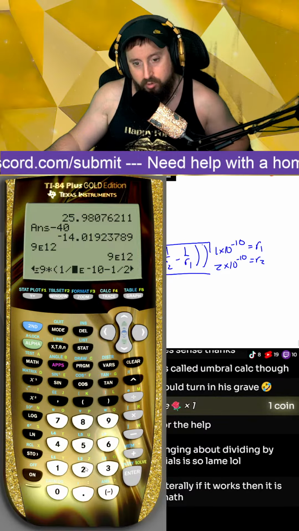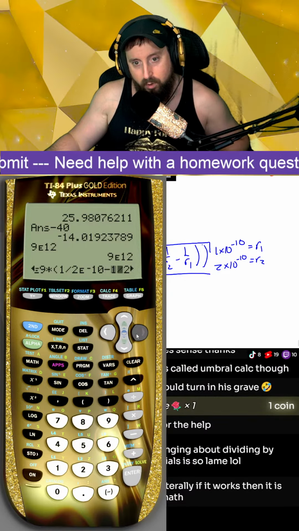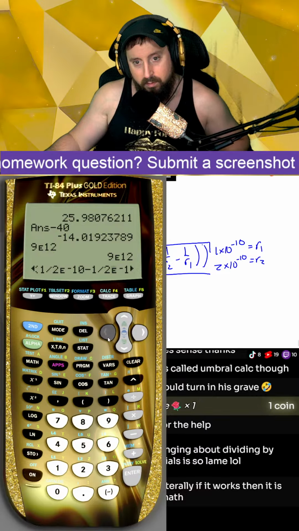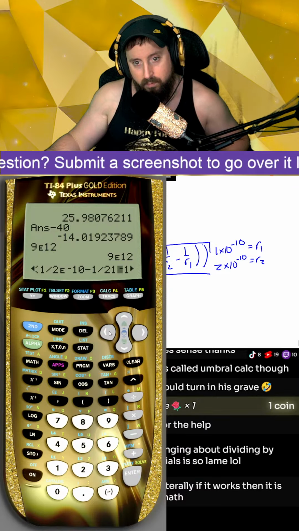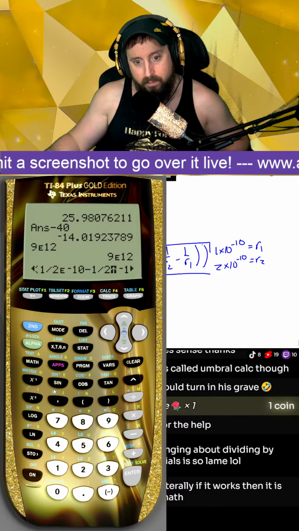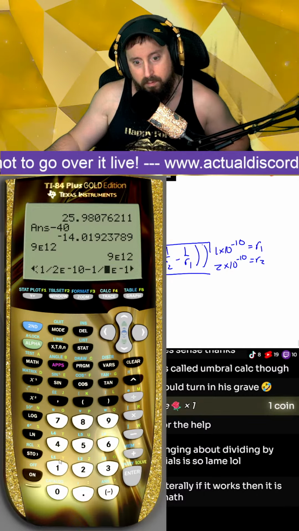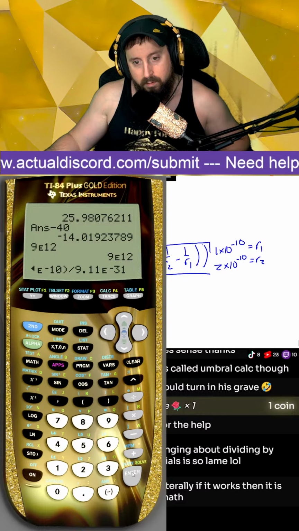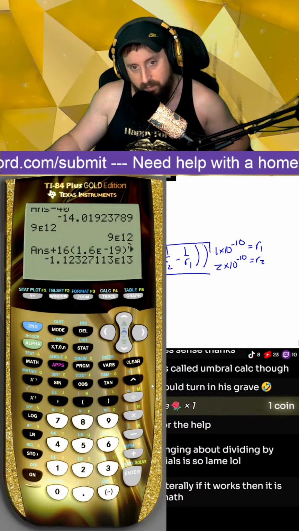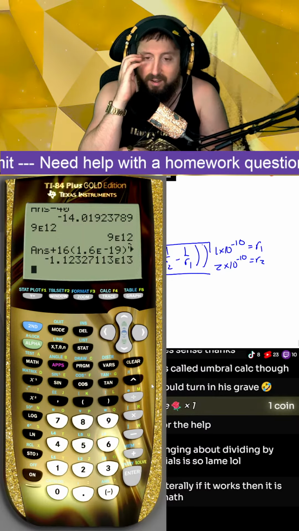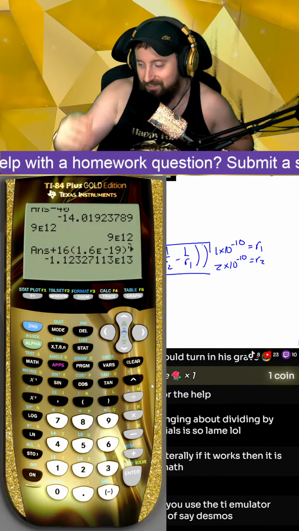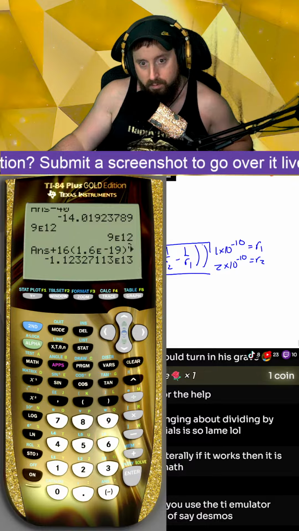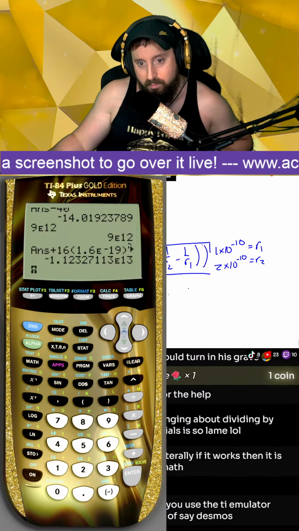So this is going to be 1 over 2 minus 1 over 1, I think. Oh, fuck, no. Okay. So this does not work. Do you see how I get a negative number here? So this is bad.